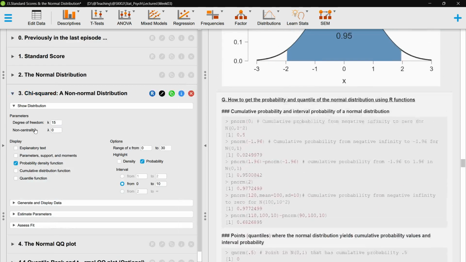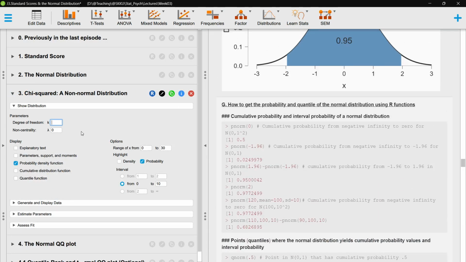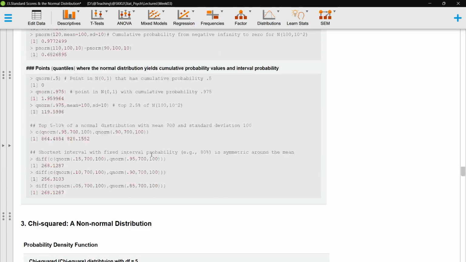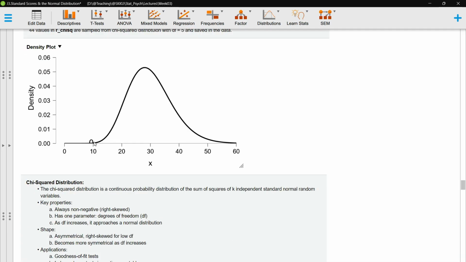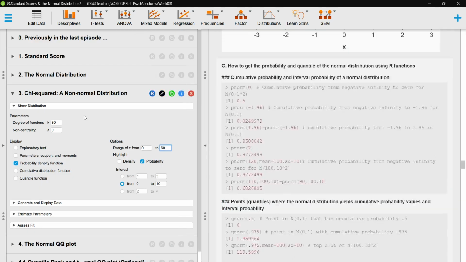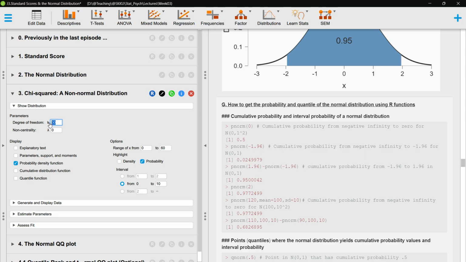What if we use 30 instead of 15, and then use 60 for the limit, the range, and this is the shape of the chi-square distribution with degrees of freedom of 30. So it approaches the shape of the normal distribution, right? Let's go back to the original degrees of freedom and the scale.